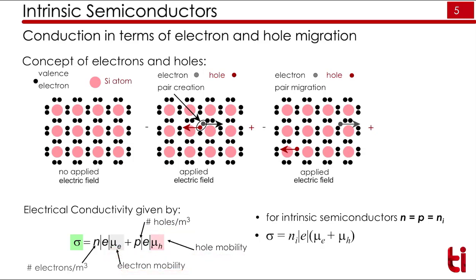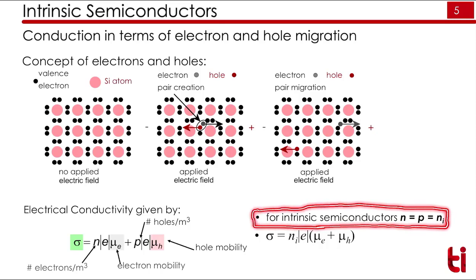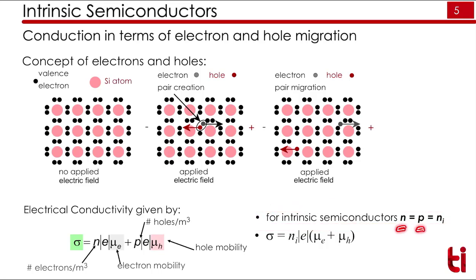But for intrinsic semiconductors, the number of electrons and number of holes are always equal. Remember this. So we can write N equals P equals Ni, the number of intrinsic charge carriers. So sigma equals Ni e (mu_e plus mu_h).